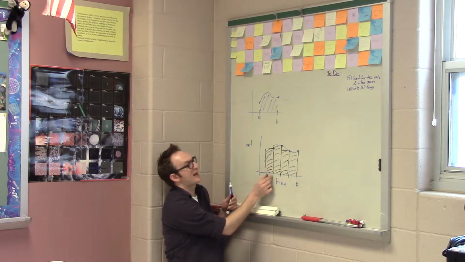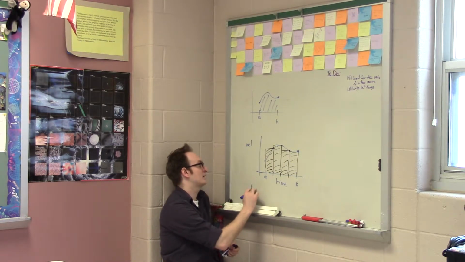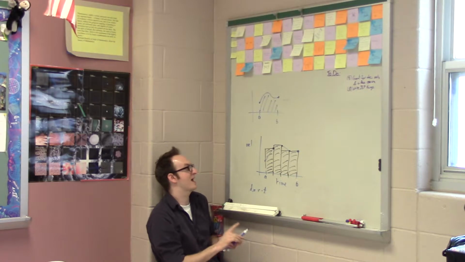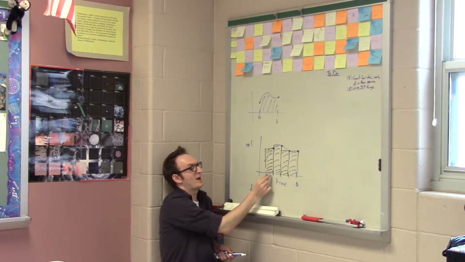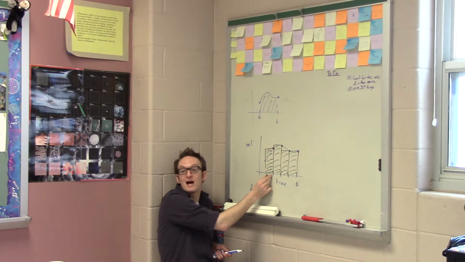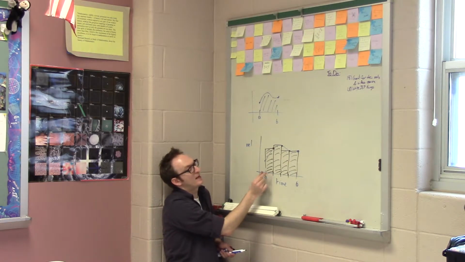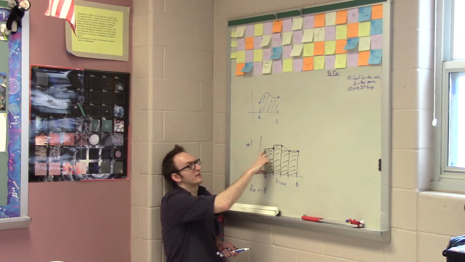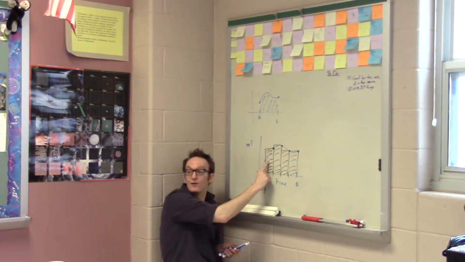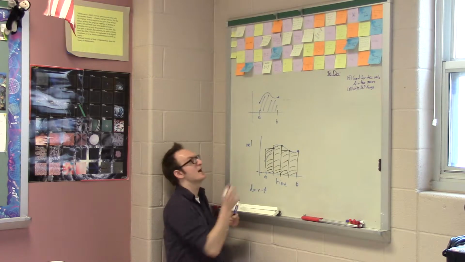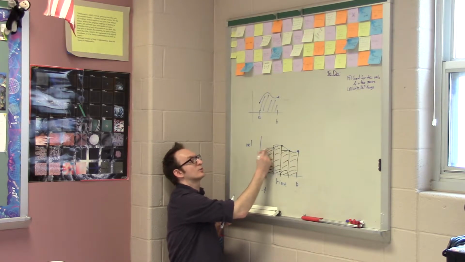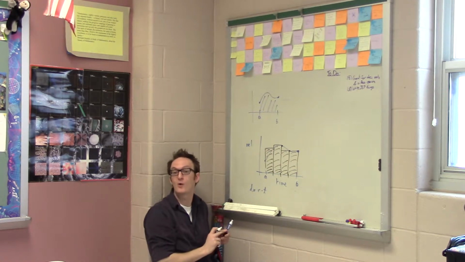Because distance equals rate times time, and the rate I'm going is my velocity, that's the height of the function, and the width of the interval is the amount of time that's elapsed.